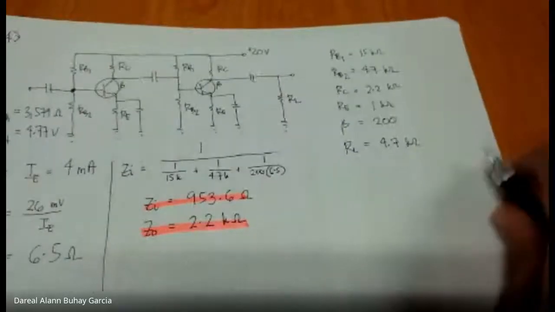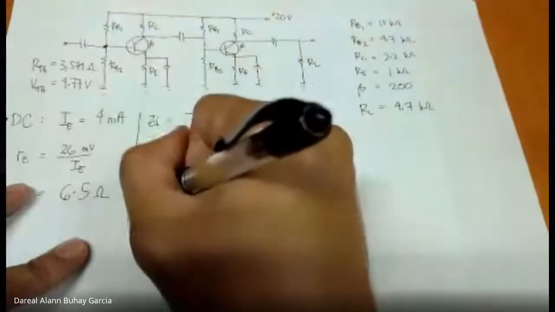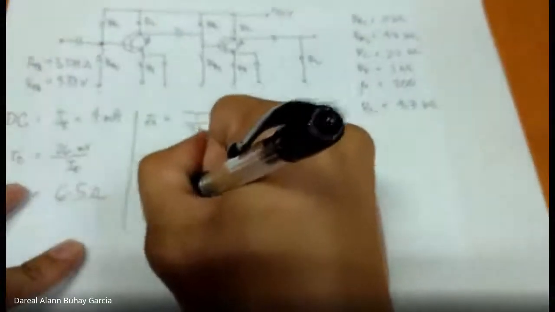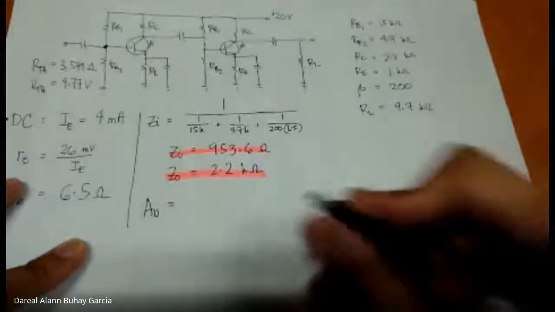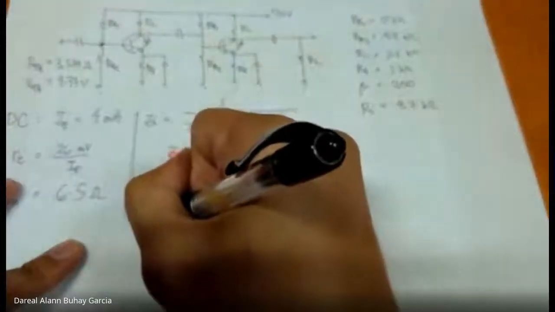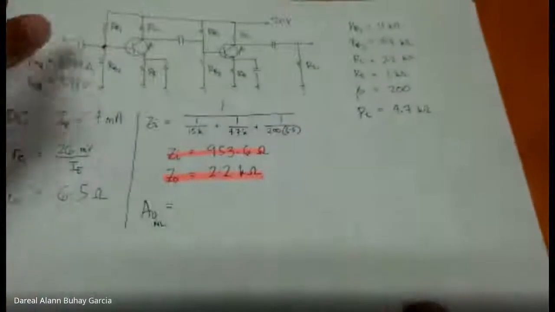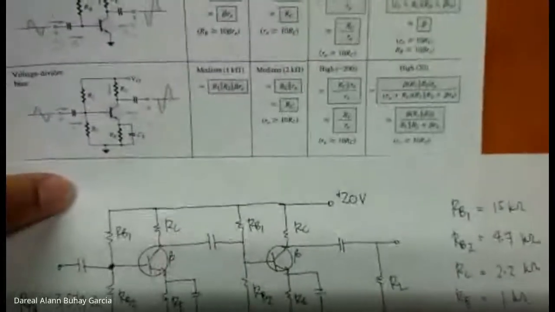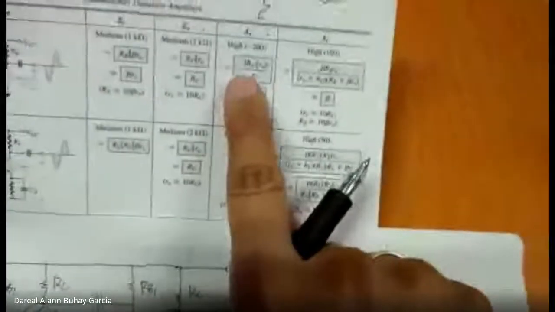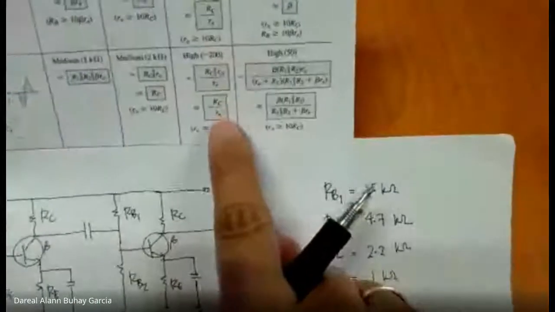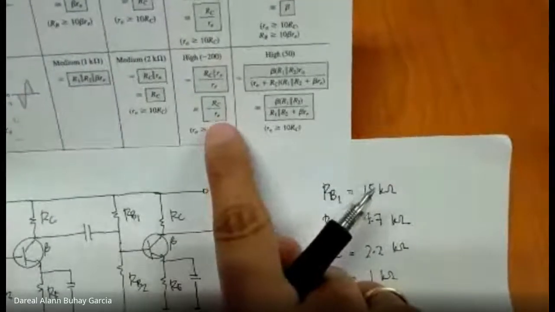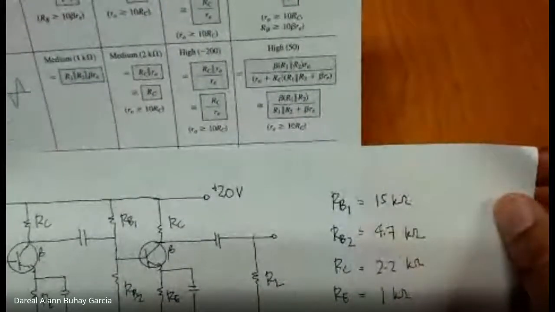Okay. Next, AV. Or more specifically, AV and L. So from the table again, side na kaya, di ba? Hindi na lang ito mag-refer sa table. For the voltage divider, AV is negative RC over RE. Okay.